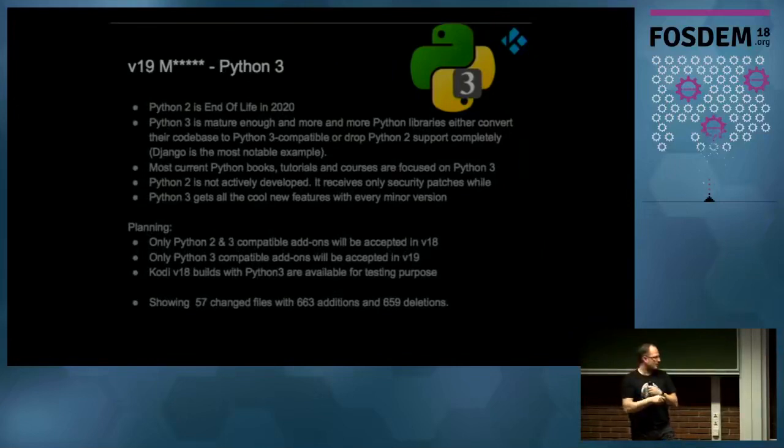So we're planning on dumping it in version 19, which will probably be next year. And we're already doing a build now, so you can actually test your add-ons to make them Python 2 and 3 compatible, so they just keep working. And from version 19, we will only accept Python 3 add-ons. And the rest will just stop working.